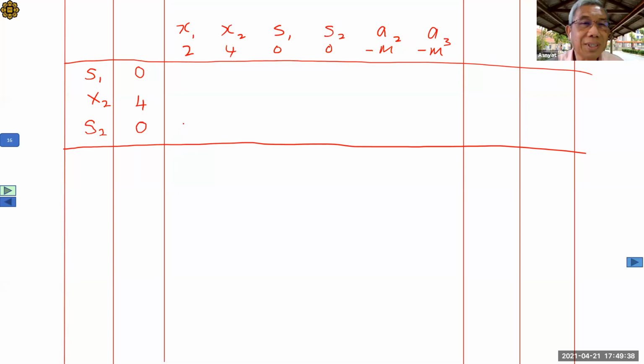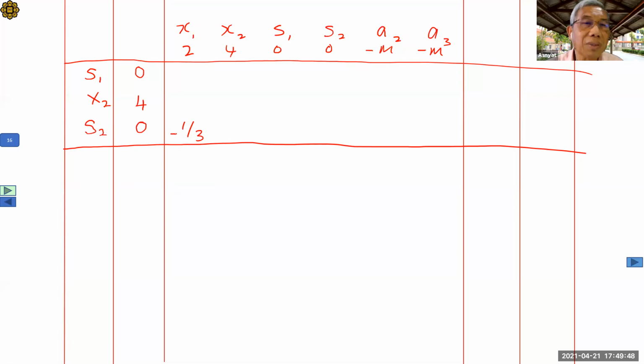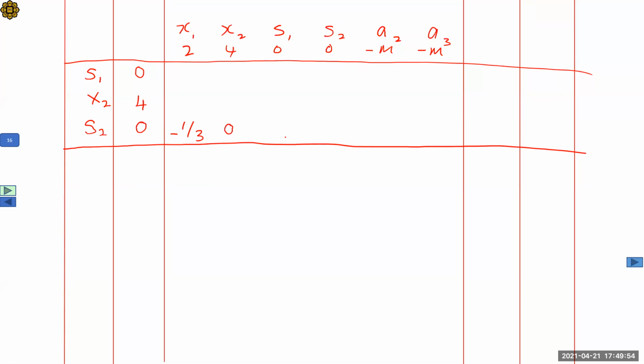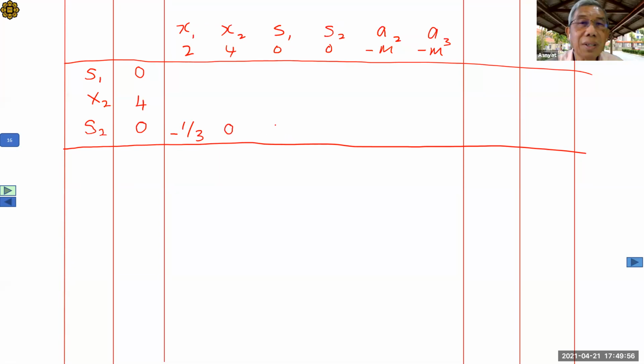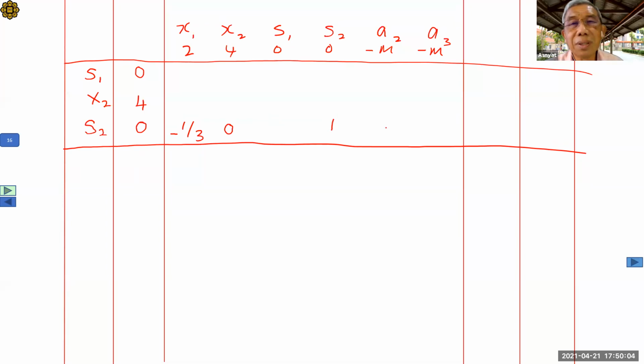Positive or negative? Sorry, negative 1/3. The next one? 0, 0, 0, then 0, 0, 0. S2? 1. Here, dash, for A3.